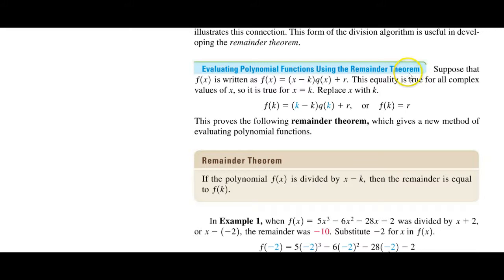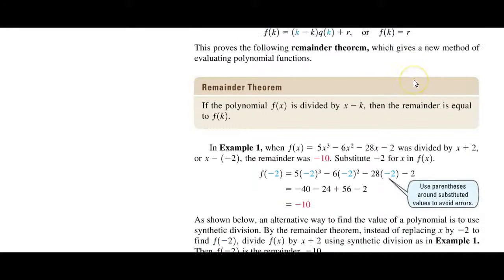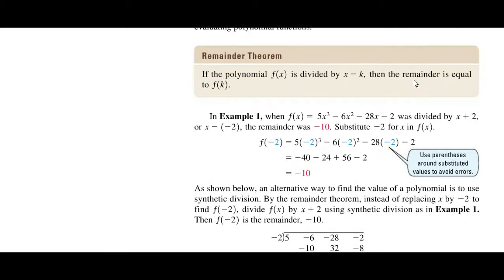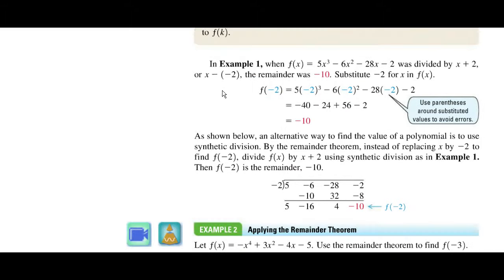Okay? So let's take a look at this. Now, they're saying if you have a polynomial and you divide it by, again, the form x minus c or x minus k, that's the same, then the remainder is equal to k. All right, well, let's take a look at what they want.